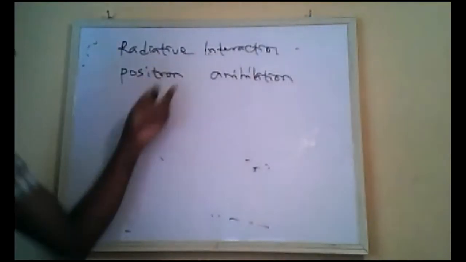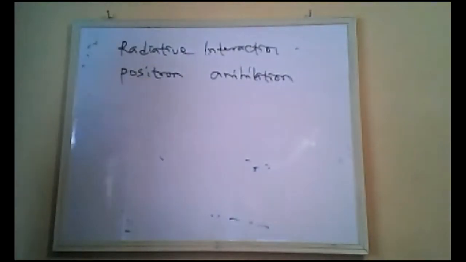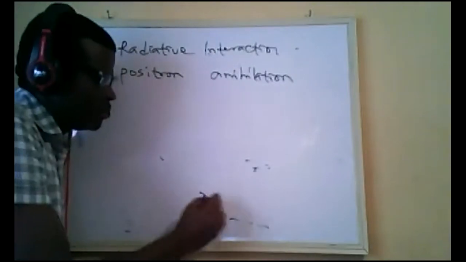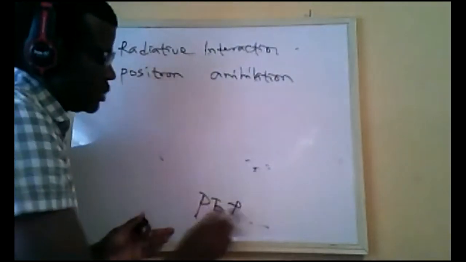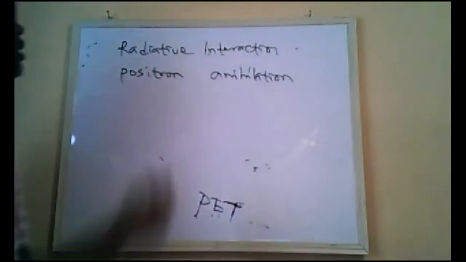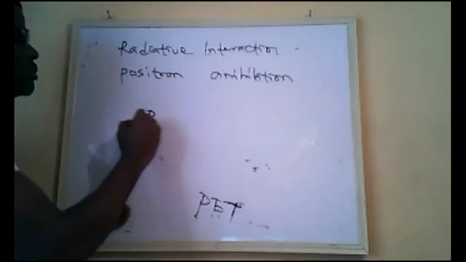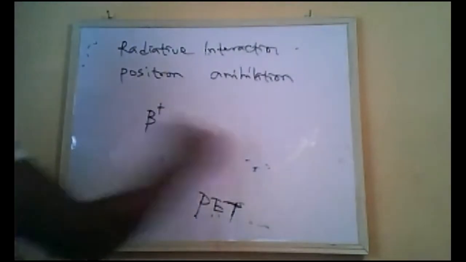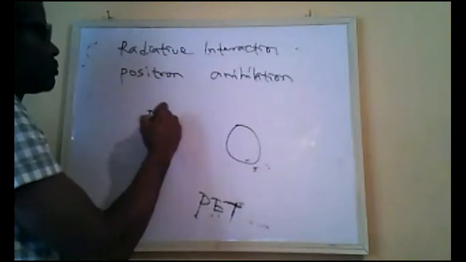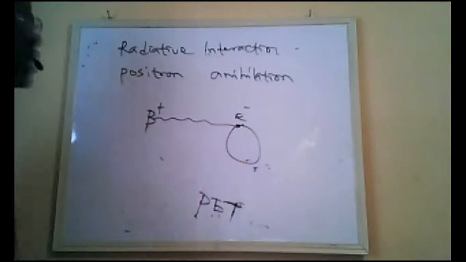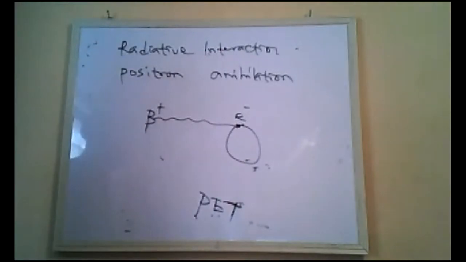And this is a very wonderful process that takes place, especially in nuclear medicine, when we are using a PET scanner, positron emission tomography. A positron is just beta plus. When a beta plus is moving and encounters an electron, it becomes annihilated.